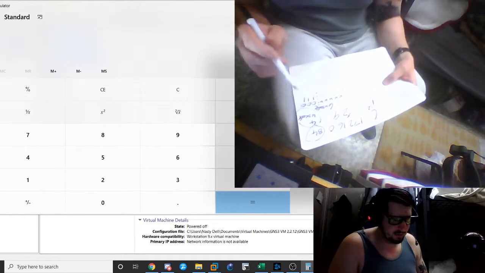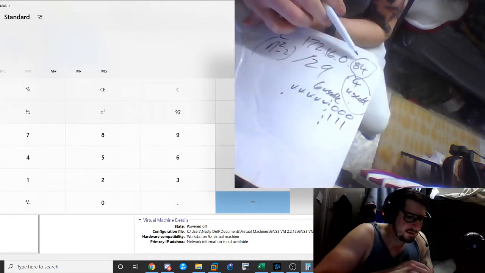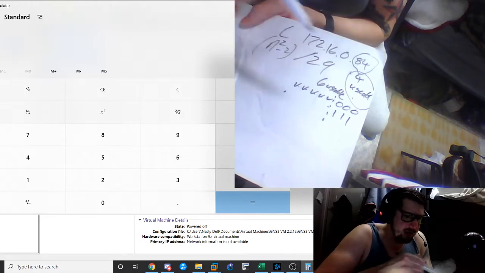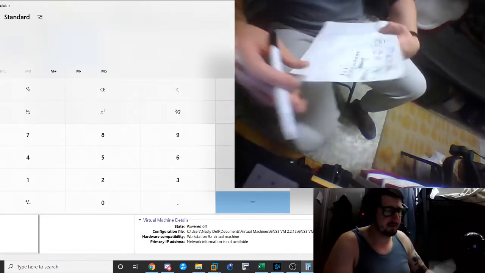From here, all we do is take the last octet in this Class C and start subtracting. I forgot to draw one more thing to show you what I'm subtracting.